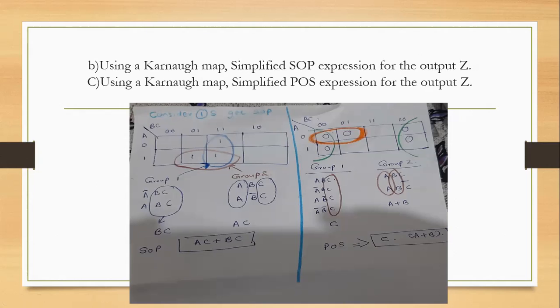We have to consider the zeros, and we are drawing it like this. These are the 5 incidents. Then we have to find the groupings. Here, there's one group, and here is the other group.